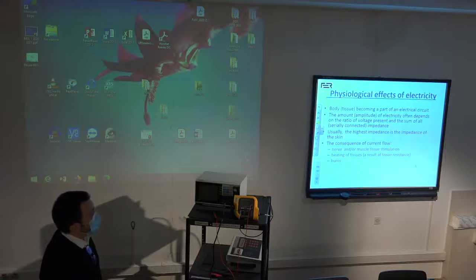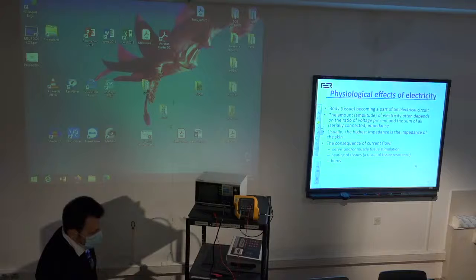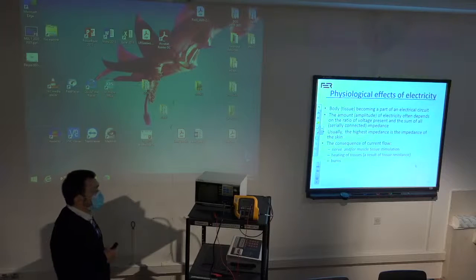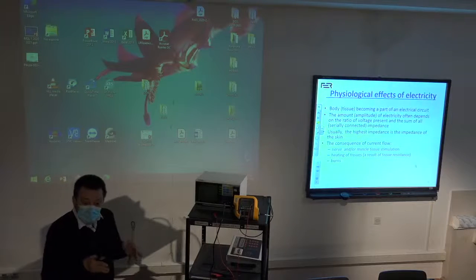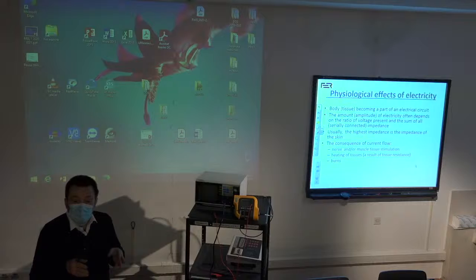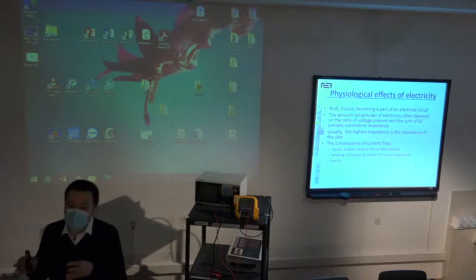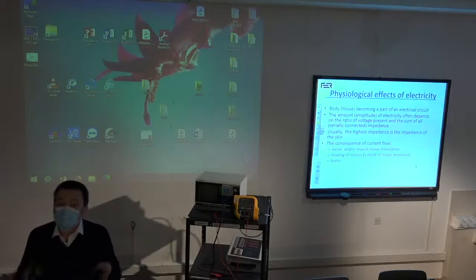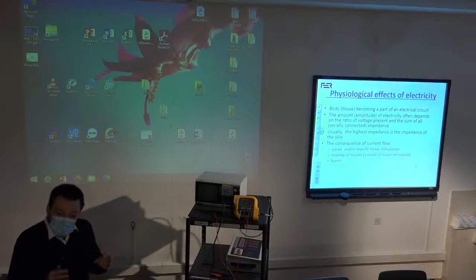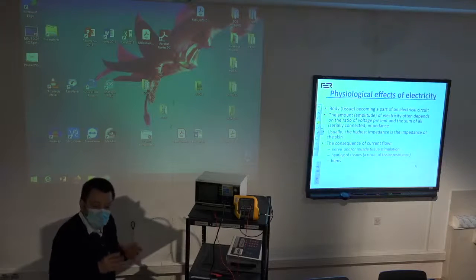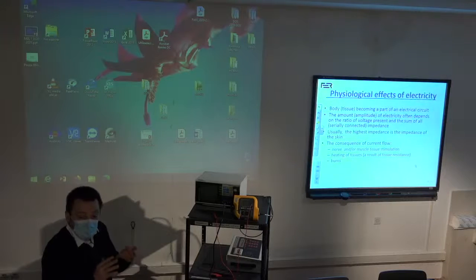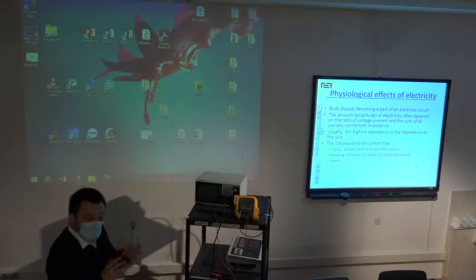biomedical devices. In order to achieve some kind of effects, we have to make the human body a part of the circuit. We were already speaking about pacemakers, defibrillator cardioverters, and electrosurgical devices. In each of these cases, a part of the tissue, a part of an organ, or the organ as a whole is included in the electrical circuit.